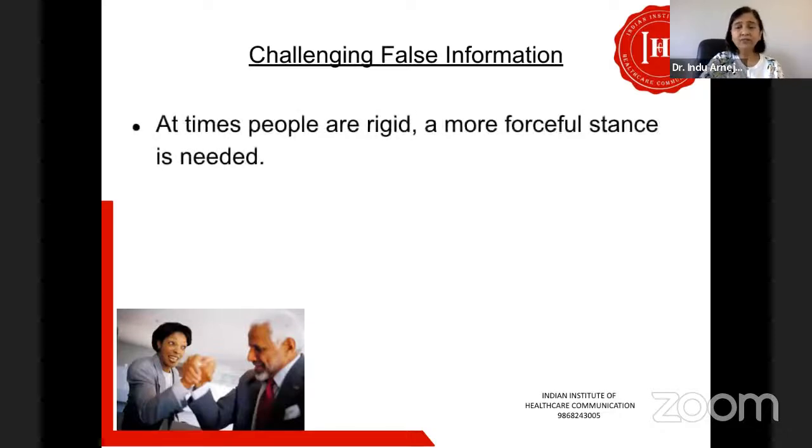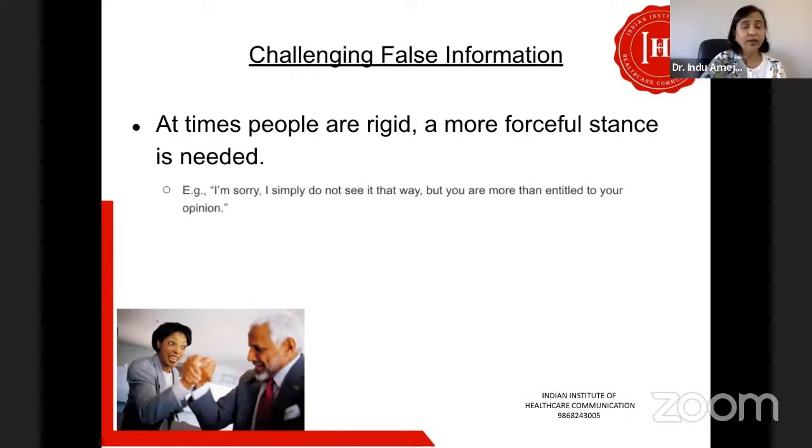At times people are rigid, and there you need a more forceful stand to deal with that situation. When people are not ready to change their point of view with your explanation or discussion, say something like this: I'm really sorry, I simply don't see the way you look at it, but you are more than entitled to your opinion. Healthcare professionals are cheap.